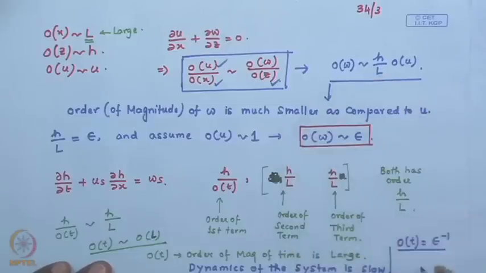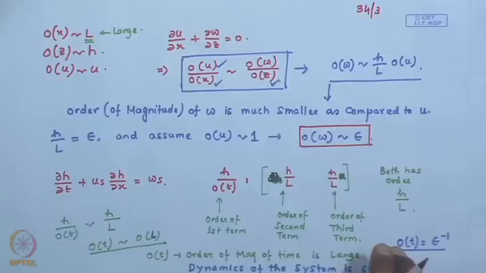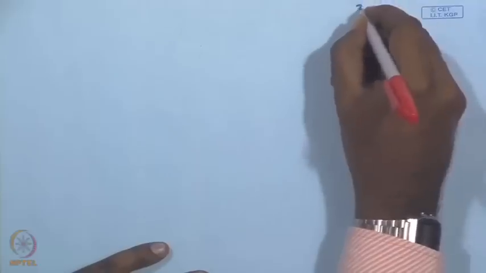Epsilon is small, so the order of time is epsilon inverse, and what it gives is, so these are the orders we have. Okay. So, here are the orders we have.